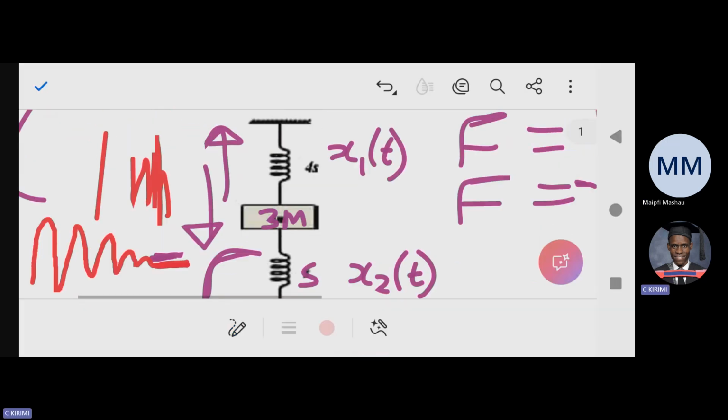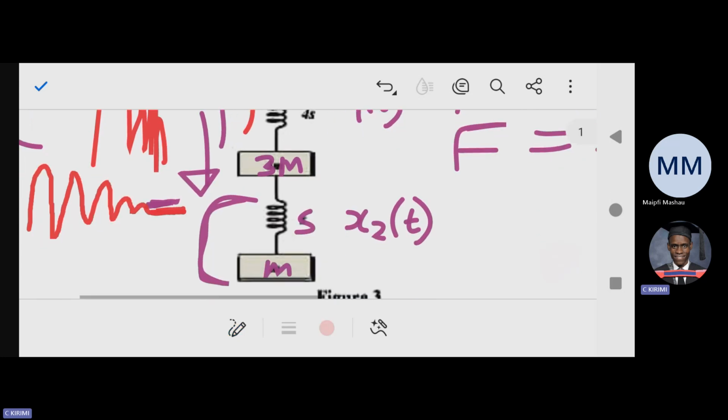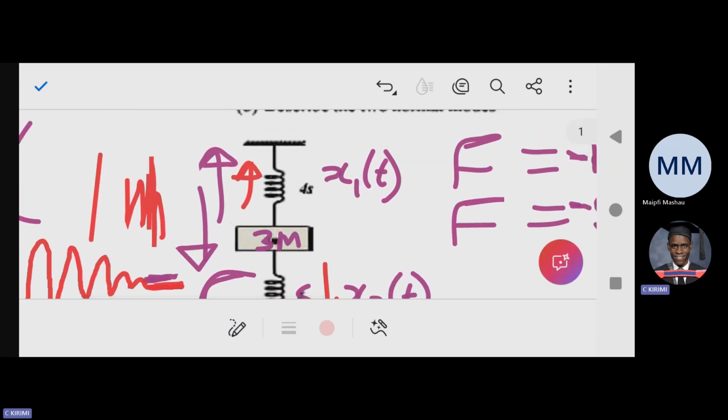So we are going to have a force that will try to restore the spring this side, which is the minus kx direction. But it's also attached to a mass block which is moving again, restoring in the opposite direction. That's why we are not adding x2 and k2. We are saying plus because of the direction. It's a negative direction compared to the motion of the 3M block. That's why here it's a negative.